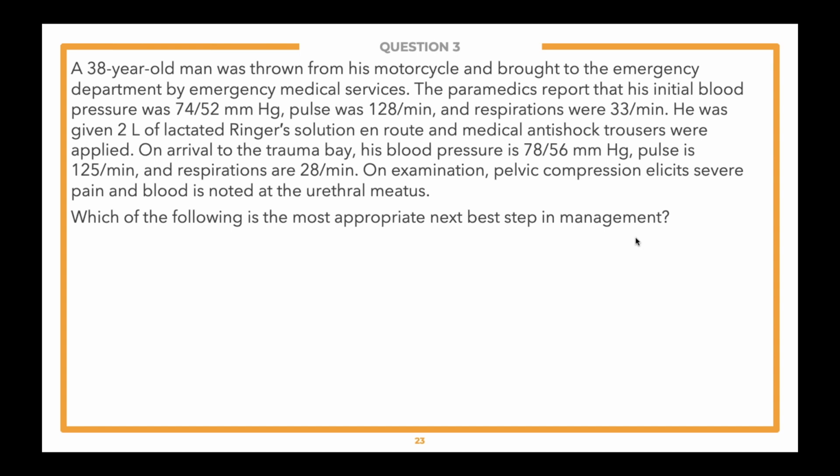On arrival to the trauma bay, his blood pressure is 78/56, pulse is 125, and respirations are 28. On examination, pelvic compression elicits severe pain and blood is noted at the urethral meatus. Which of the following is the most appropriate next best step in management?